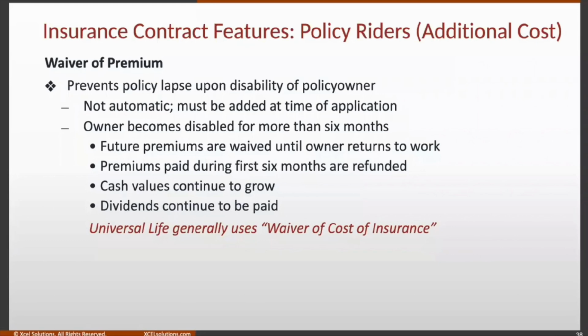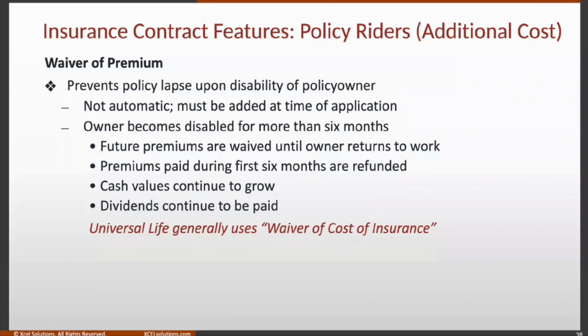Then it would pay the premium forward on the contract and also reimburse the policy owner for the premiums they had to pay themselves out of their own checking or savings account for the previous 6 months. So premiums are paid during the first 6 months by the policy owner, but they are refunded by the waiver of premium rider once it kicks in after 6 full months. Cash values will continue to grow inside the contract and dividends continue to be paid.